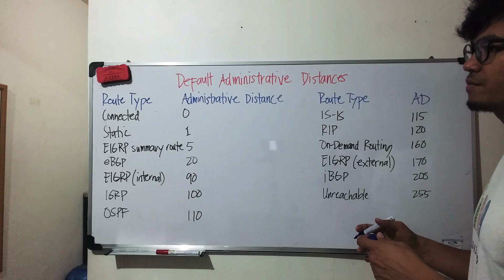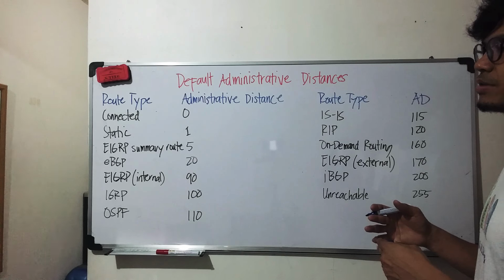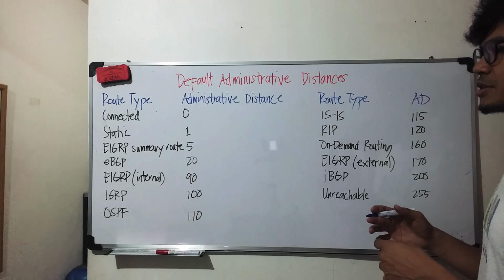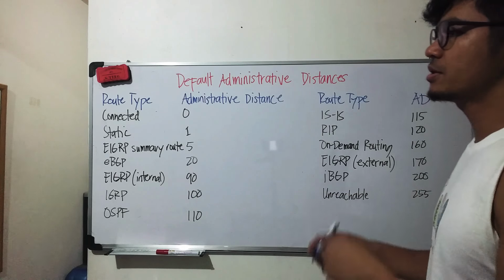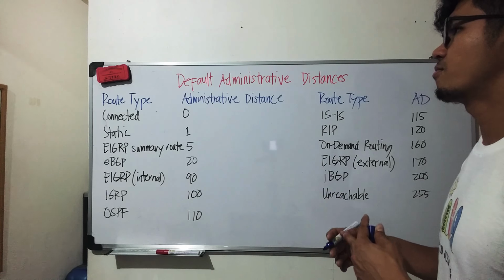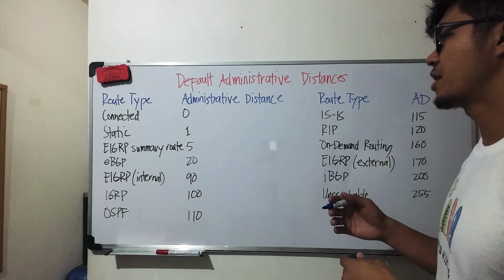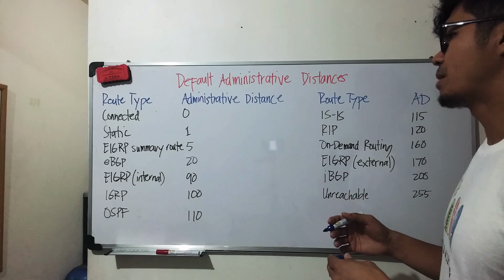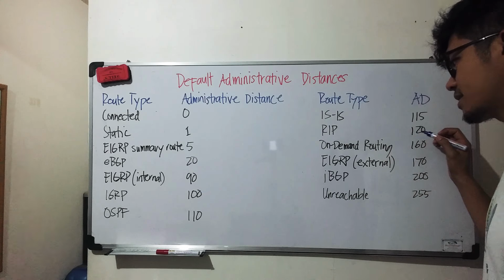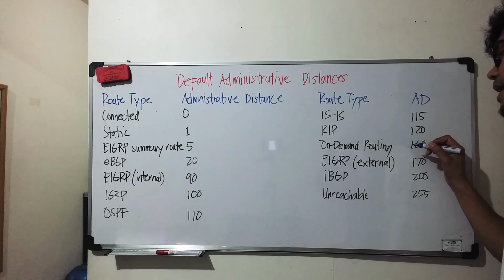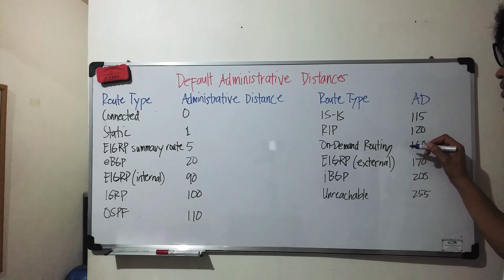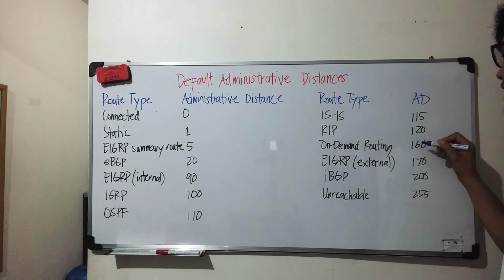If the static route that has a lower AD disappears from the routing table for some reason, then the static route that has a higher value will be installed in the routing table. Don't hold me to that, it's just my understanding, but I could be wrong. So on-demand routing has an AD of 160.